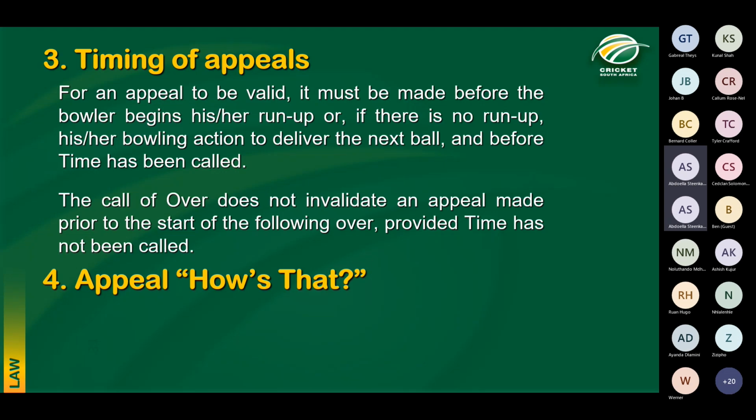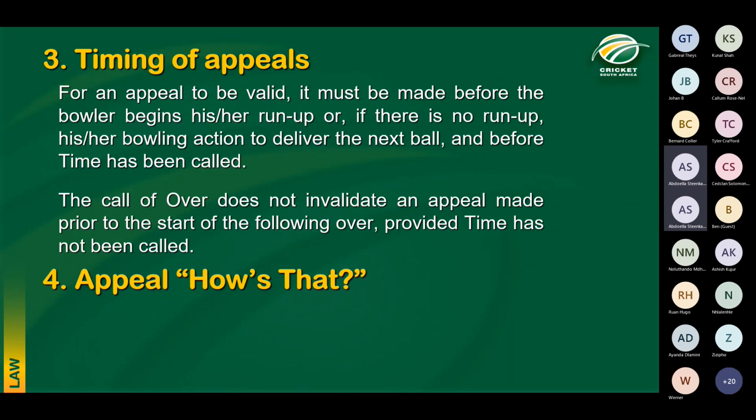The ball is now dead. The umpire calls over. As everyone gets ready to bowl the next over, the law allows, before the bowler takes his or her first step to bowl the first ball of the following over, that appeal is still valid.